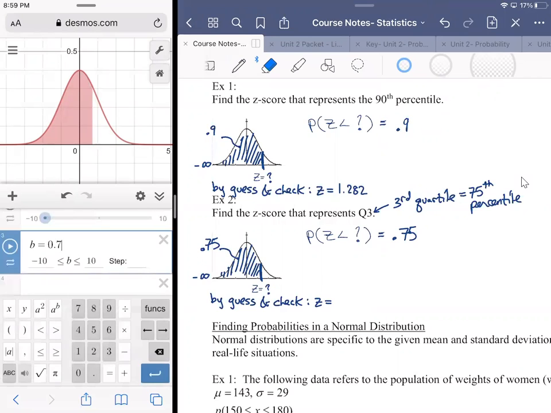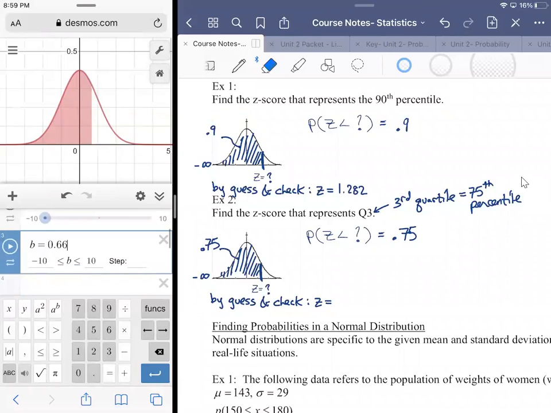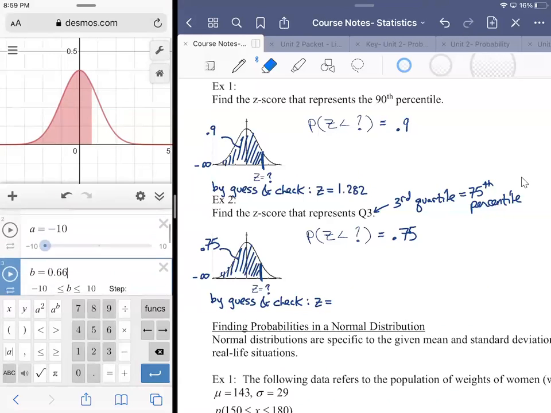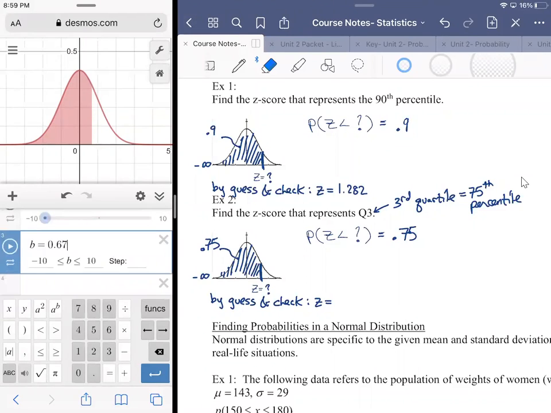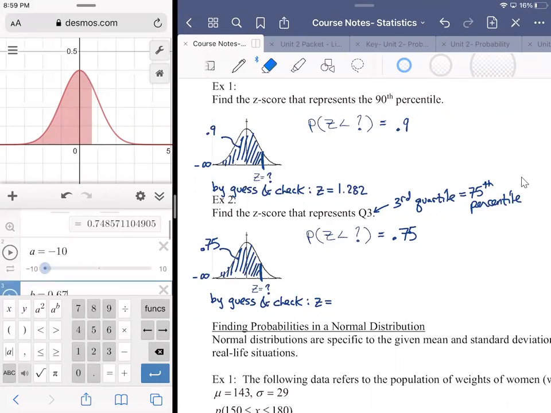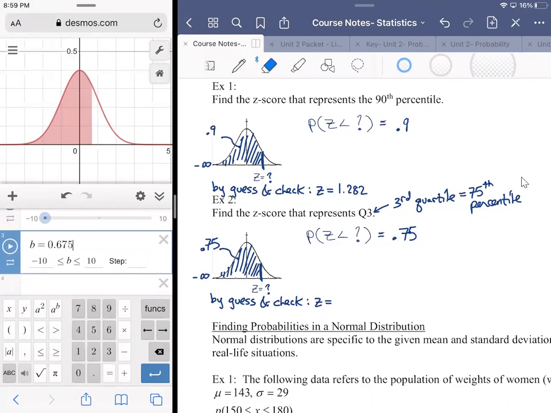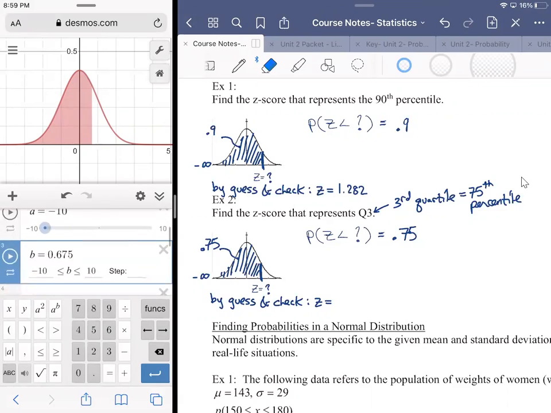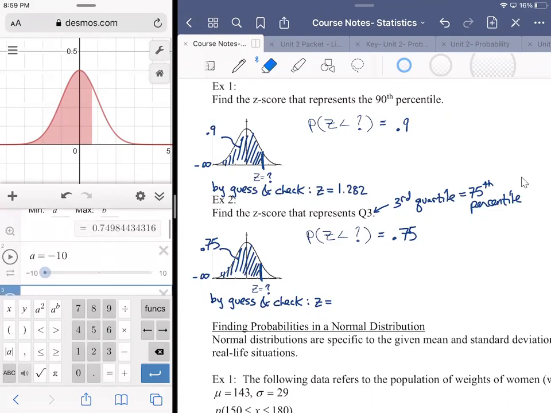And then we start dialing it back. So we try like 0.65 maybe. Take a look. It's just a smidge too low. 0.66, almost. It would round and be close enough. 0.67. Even better, 0.68. Too much, so maybe like 0.675. So then pull it back to 0.674, and then maybe throw a 1 on at the end.